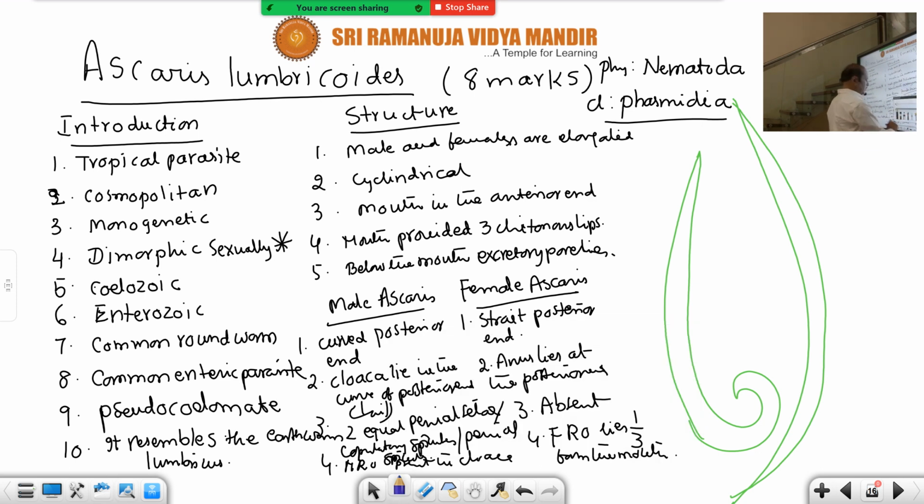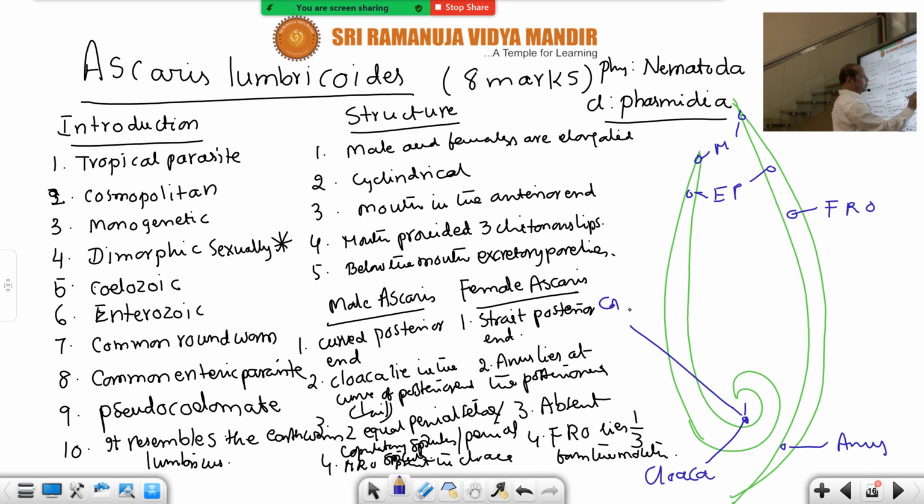Here the cloaca is present with a pair of copulatory spicules, the mouth is present, the excretory pore is present in both, and the genital opening is present. This is the anus. This is the female reproductive opening. This is the excretory pore in both cases. This is the mouth. And this is the cloaca, because this is male, with copulatory or penial spicules. So thus we can distinguish the males from females.